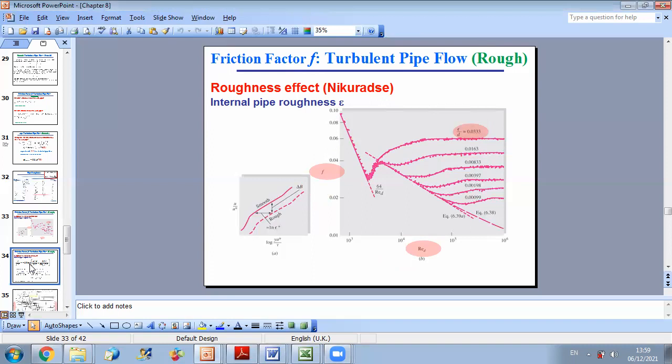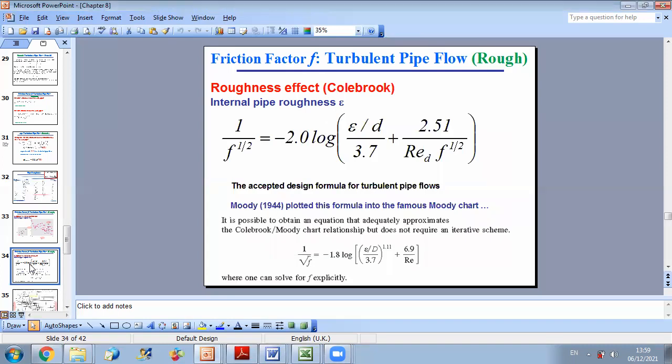Here you have different relations developed in the literature. Don't worry about them. I'm just giving them so you know that several researchers worked on this. But mainly, what you will work on is the result of Moody, the most famous chart, though not the only one.